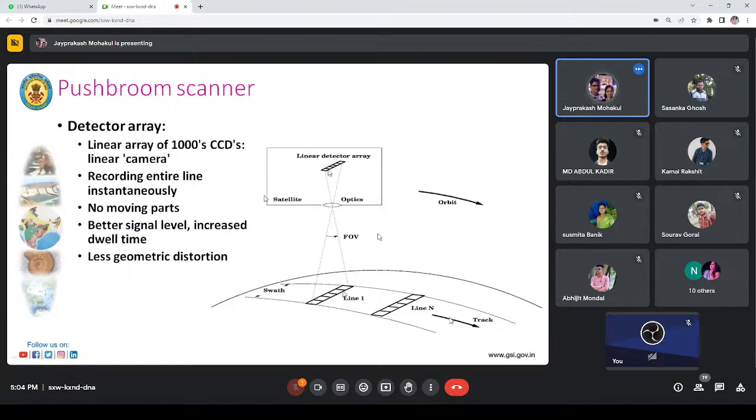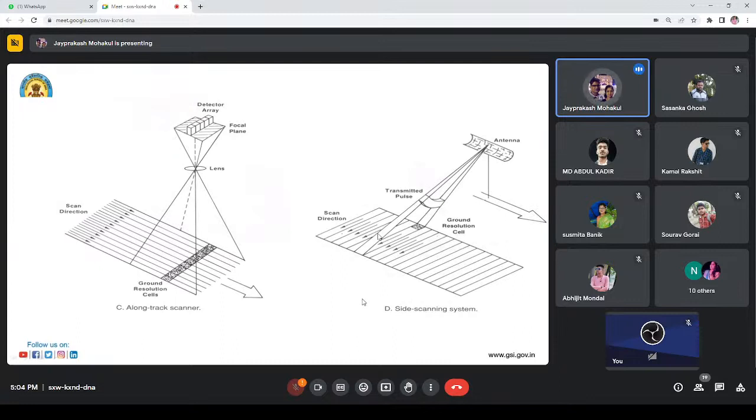So there is less geometric distortion since there are no moving parts, and the dwelling time of the detector on the ground pixel is more. Then of course you have a side scanning system. Side scanning systems are normally the radar systems where you have side looking radar.